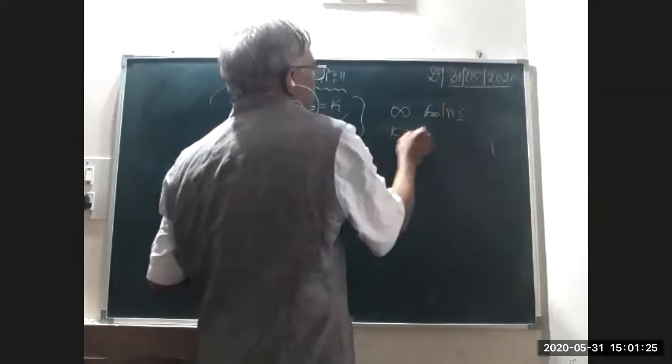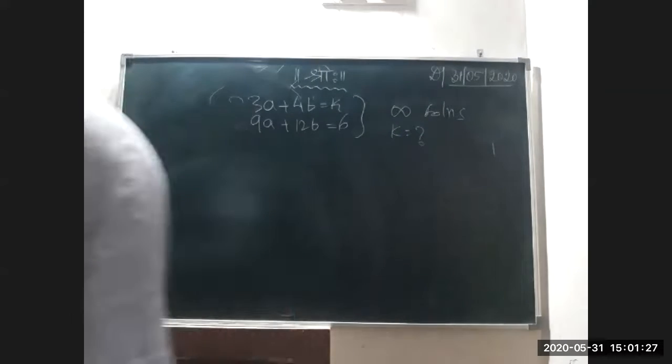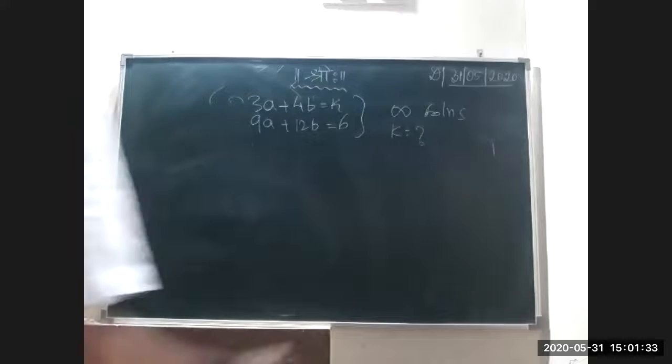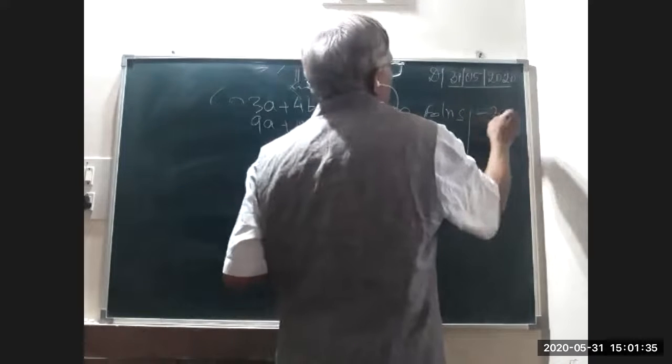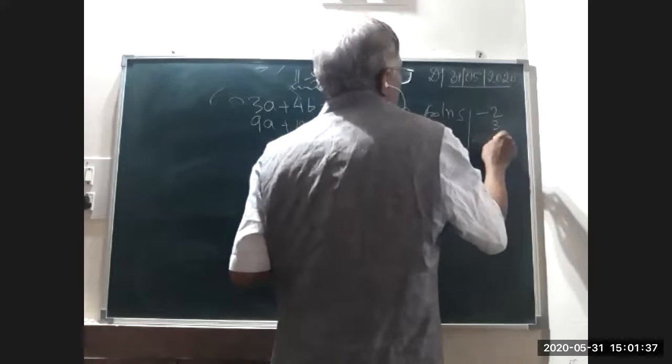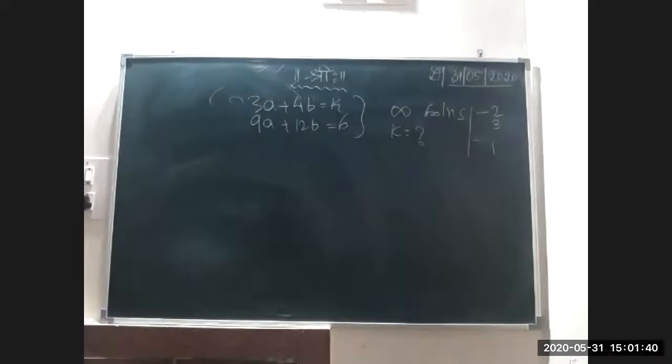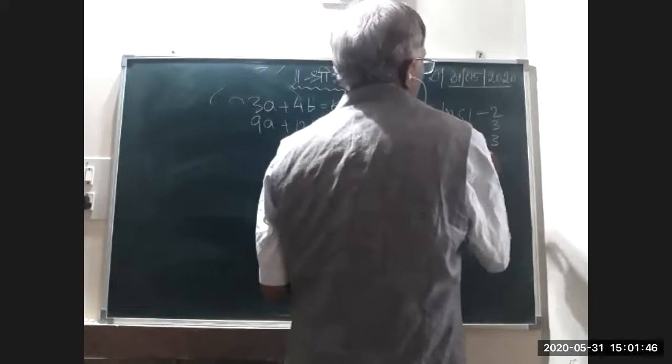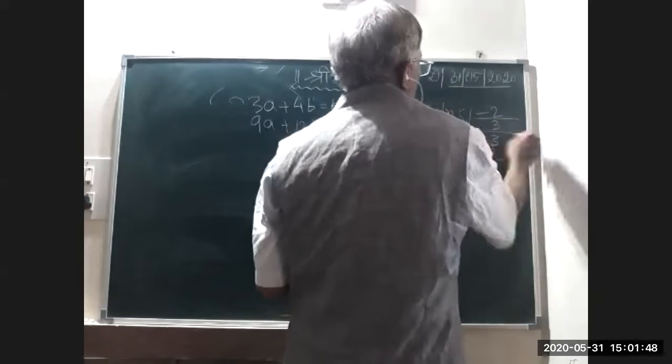So find k. The options given were 2, minus 3; minus 2, 3; and minus 3 and plus 2. Out of this, which one is correct?